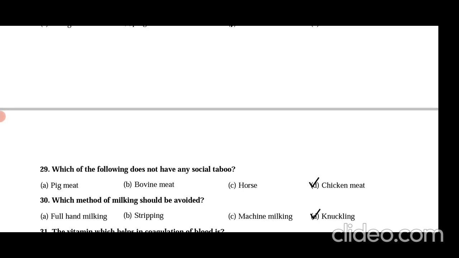Pig is haram in Islam, horse is makruh in Islam, and bovine meat is haram in Hinduism. Chicken meat has no taboo. Every religion eats chicken meat if they eat meat.